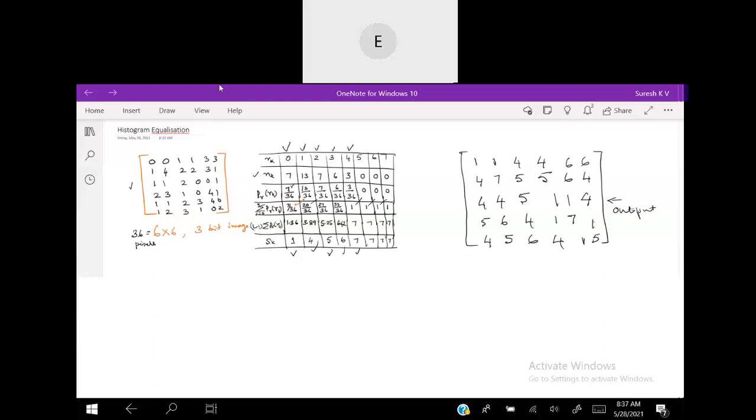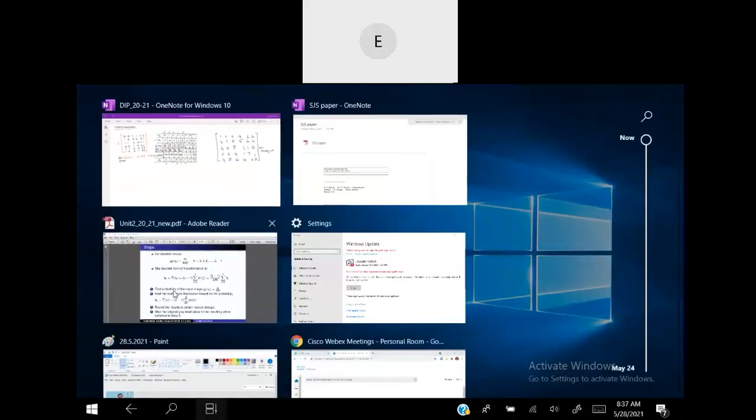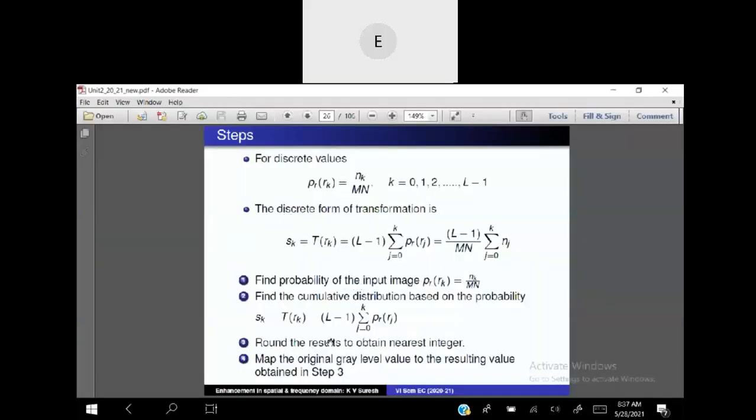Okay. So let us repeat the steps one by one now. What we did is, first we computed the probability of the input image. First I counted nk, divided it by the number of pixels.